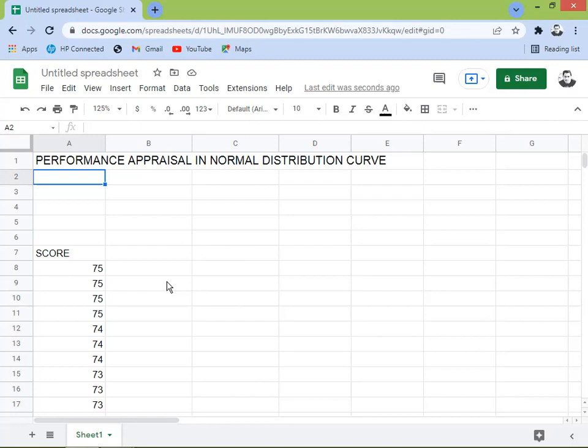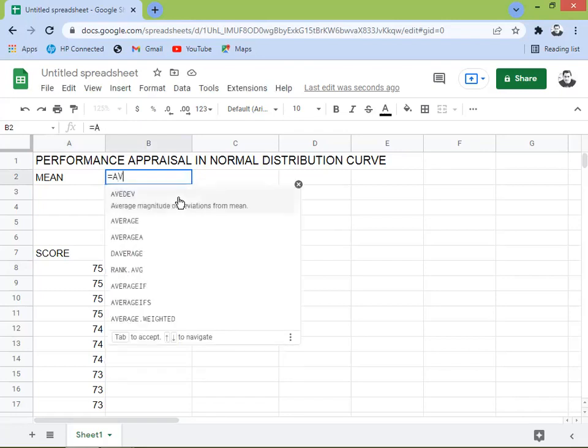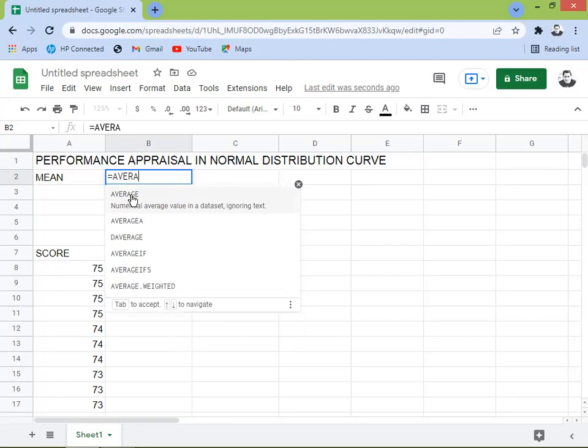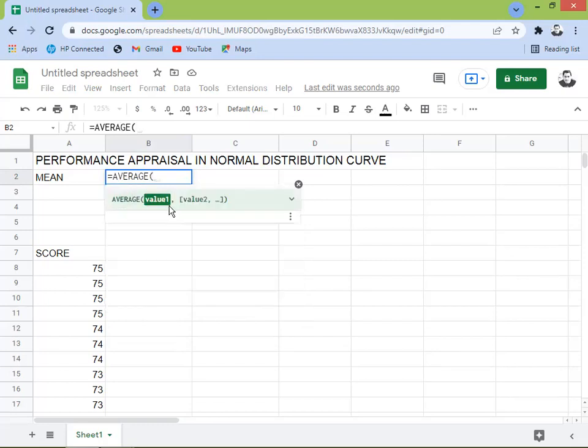Okay, so I'm gonna get the mean number, the average number of this range. Okay, let's get the formula first. You're gonna get the average, and the value would be this range.